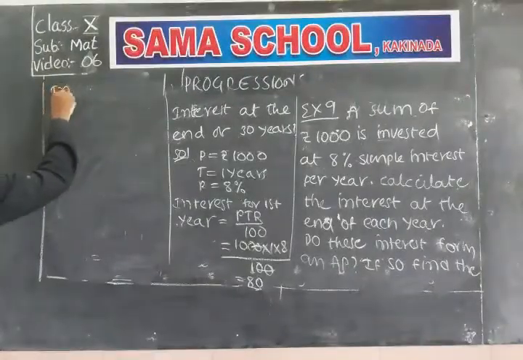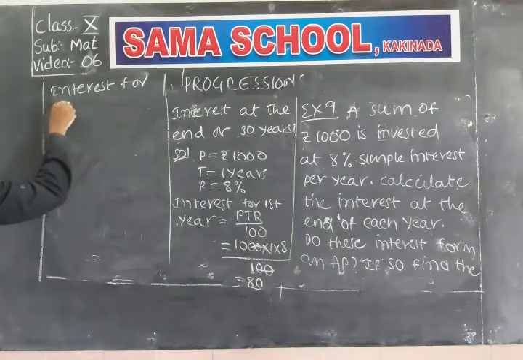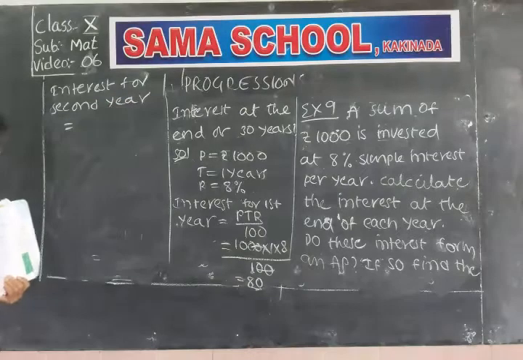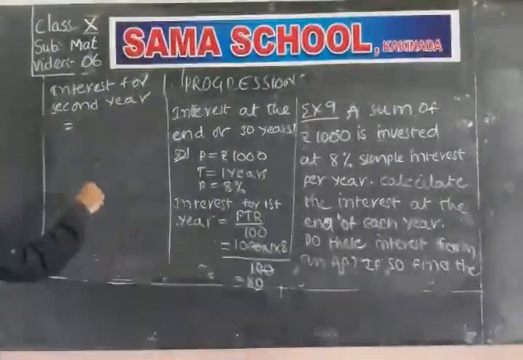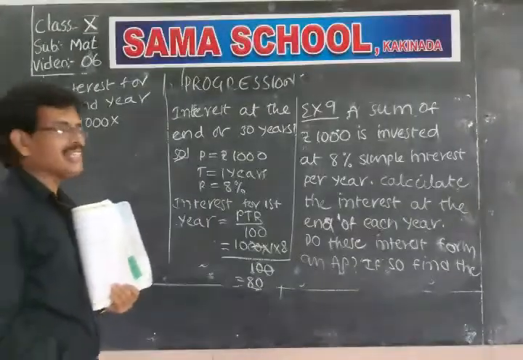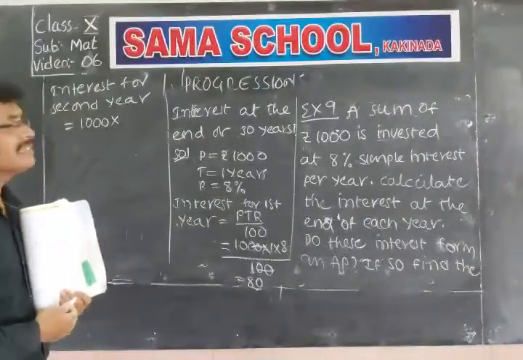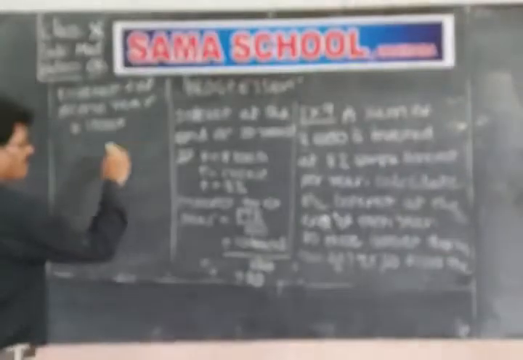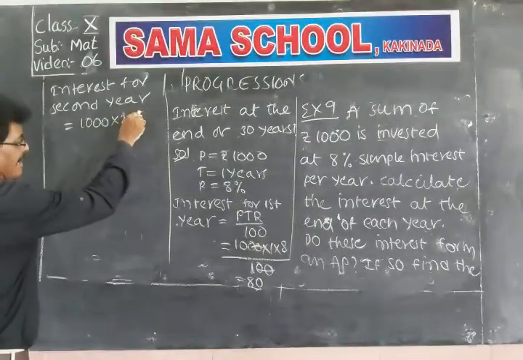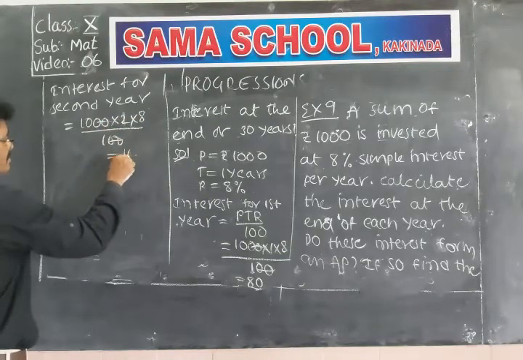Interest for the second year. Again the same formula, PTR by 100. Here the principal has no change, 1000, because there won't be any change in the principal when we are calculating simple interest. Principal is 1000, time 2 years, and rate of interest 8. 160.